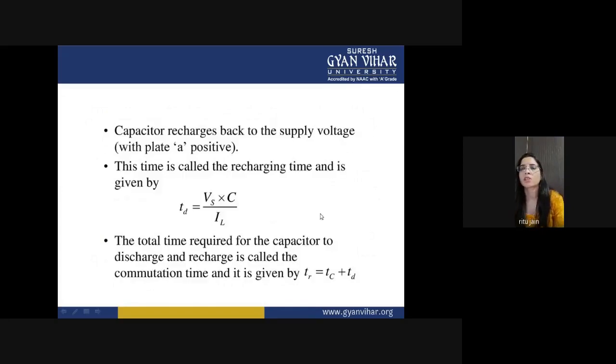Now, the capacitor recharges back to the supply voltage with plate A positive.